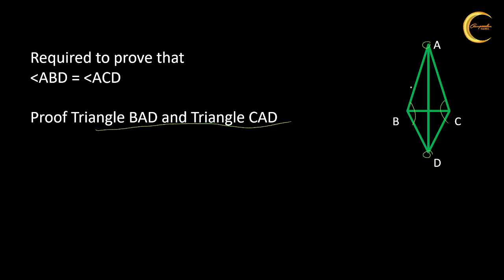So AB equals AC because it is an isosceles triangle, and BD equals DC because it is also an isosceles triangle. And this line AD is common to both triangles. So angle ABD equals its corresponding angle ACD. Okay.